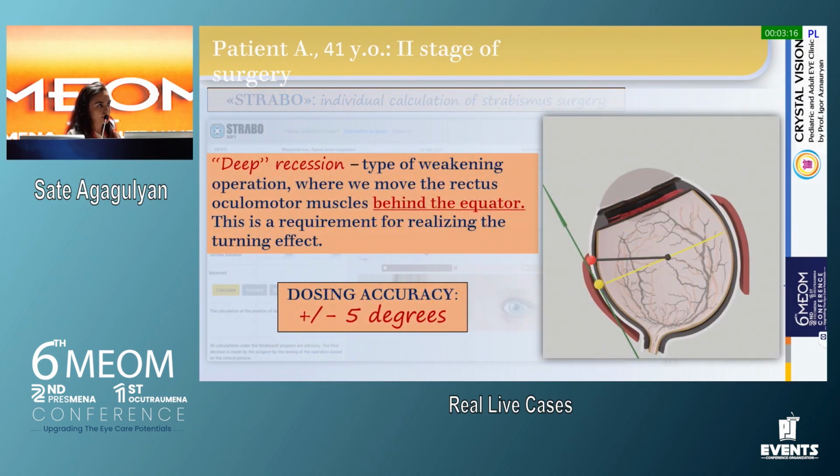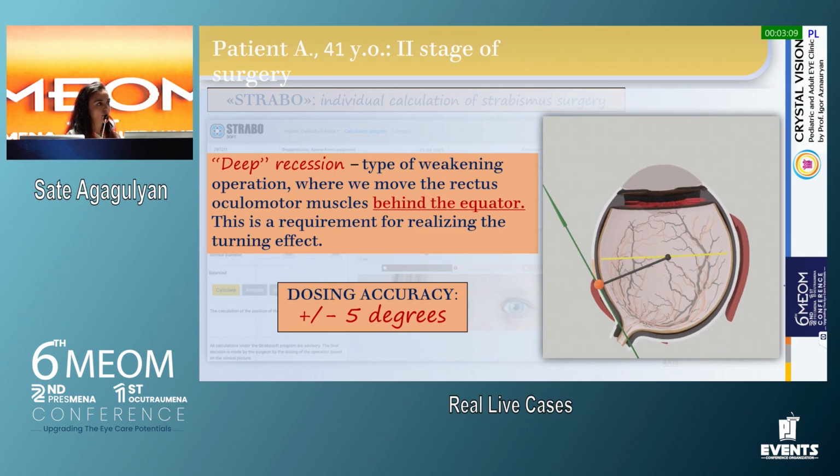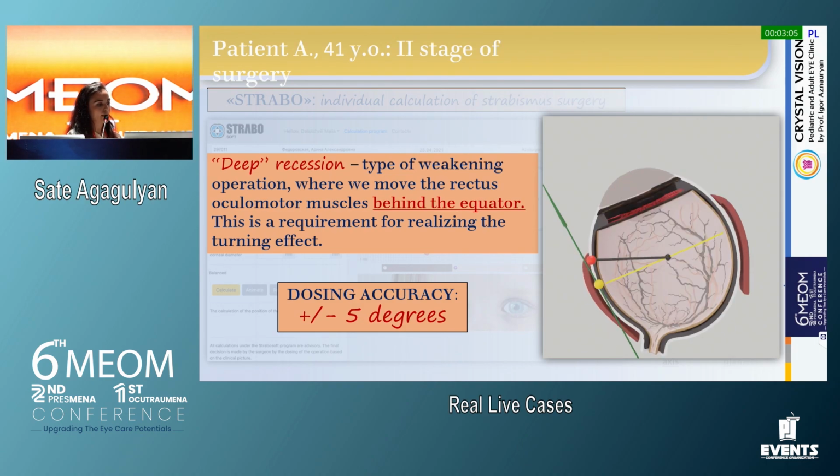Why do we do deep recession? Because, as you see in the animation, when we do recession before the equator, we get no turning effect of the eye, so we use a deep recession behind the equator.